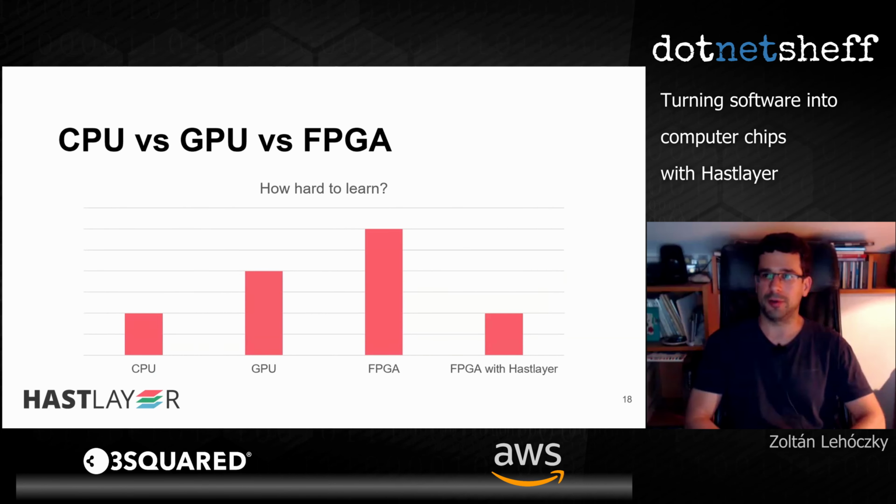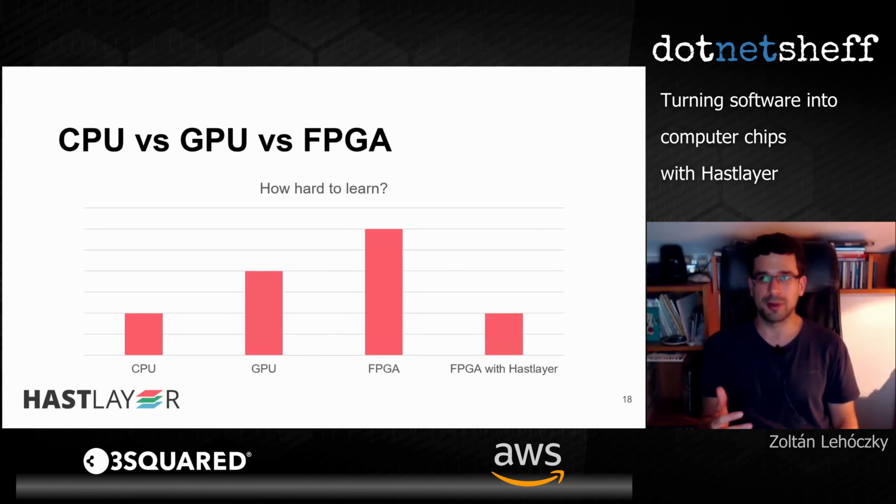But there's a big downside. As mentioned, you have to be a hardware engineer to utilize FPGAs, because programming a CPU is easy enough. Programming GPUs, that's also possible for most developers, but utilizing an FPGA is something completely different. It's not programming. You are not programming a processor, but you are kind of creating a processor. So you have to think in terms of logic gates and wires and clock cycles.